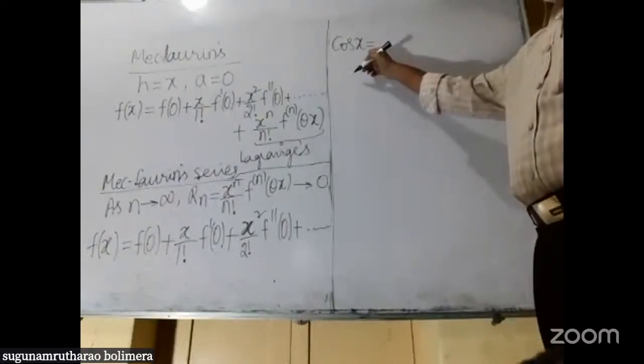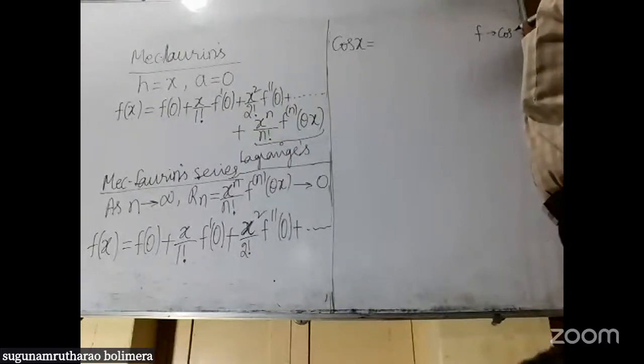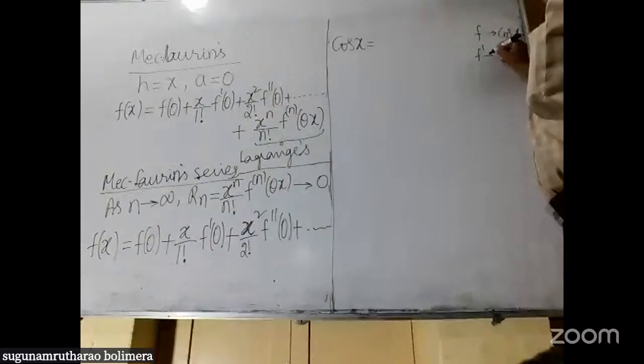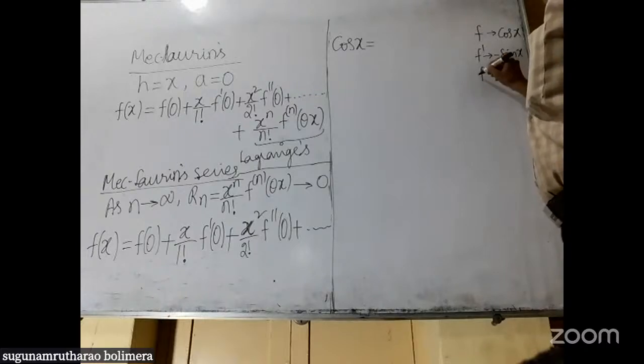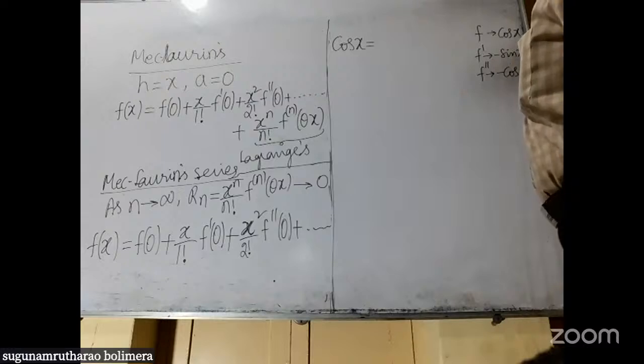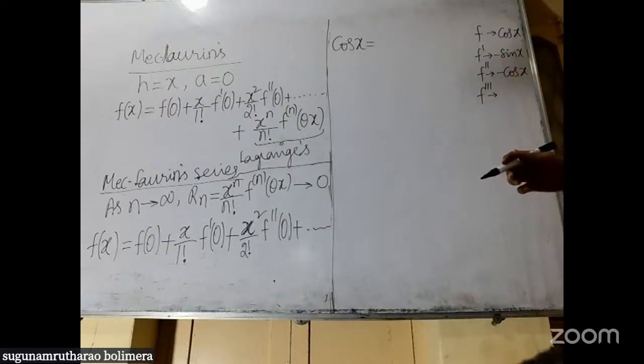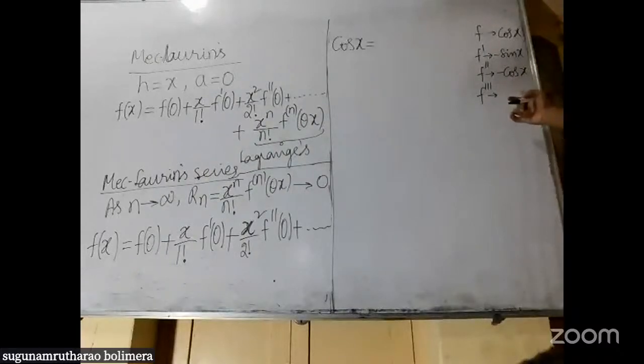cos x equals to, see here, f is cos x, f dash is minus sin x, f double dash is minus cos x, f triple dash is, derivative of cos is minus sin, so minus of minus sin x.